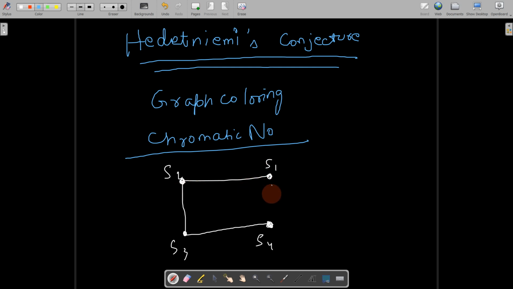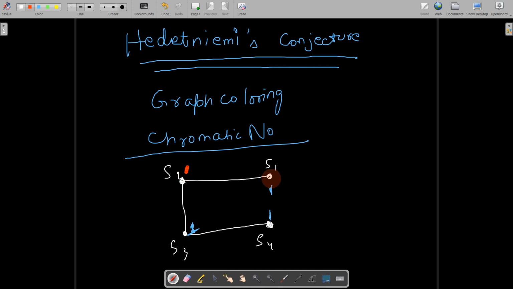Suppose S1 gets color blue. Then S2 cannot have blue. S3 has no edge with S1, so it can be given the same color, blue. S1 and S4 also don't have an edge, so I can give blue, but S2 I have to give a different color, so I will give it red.